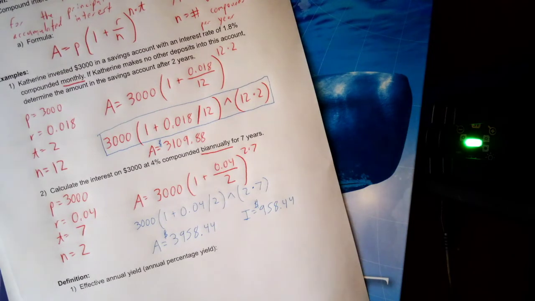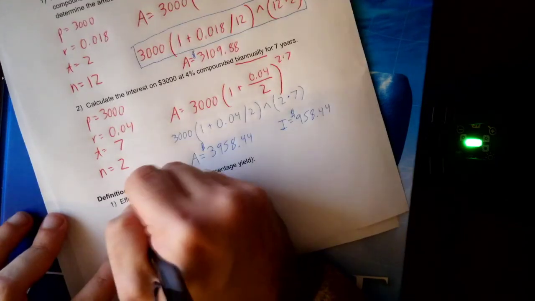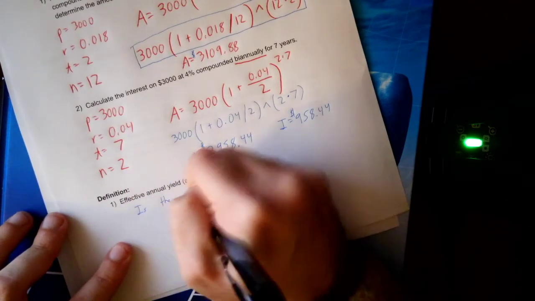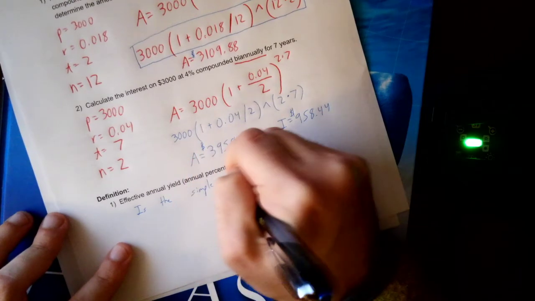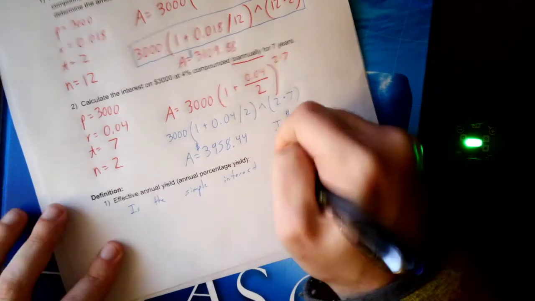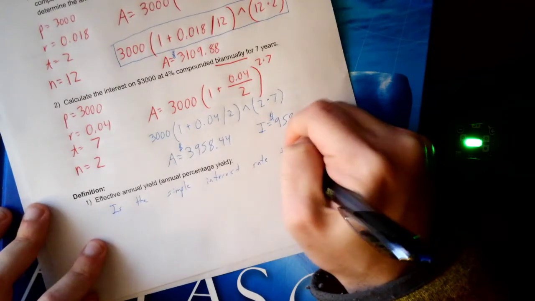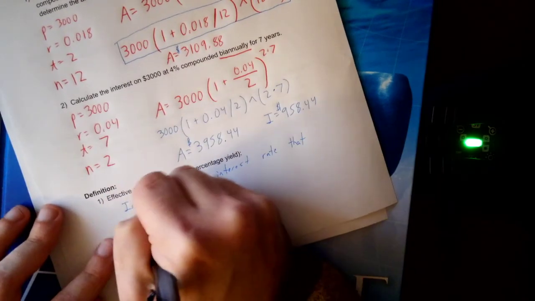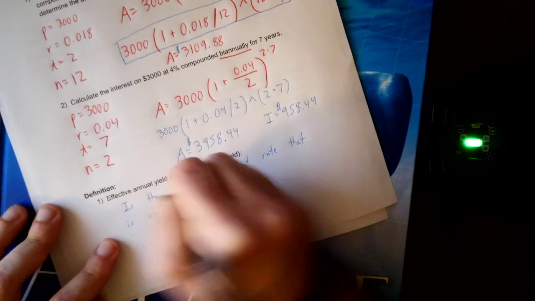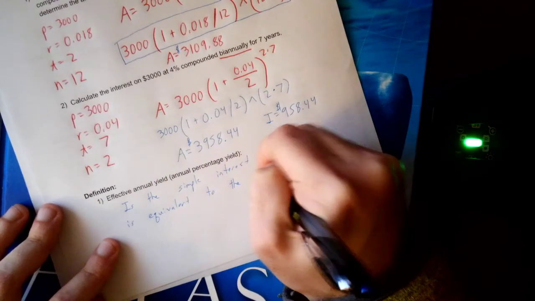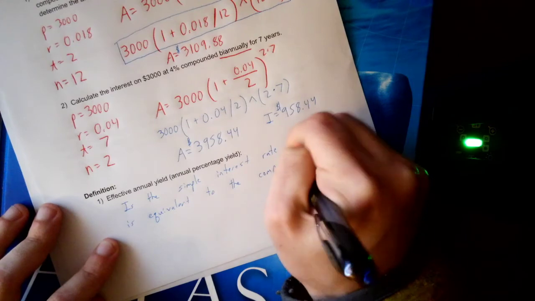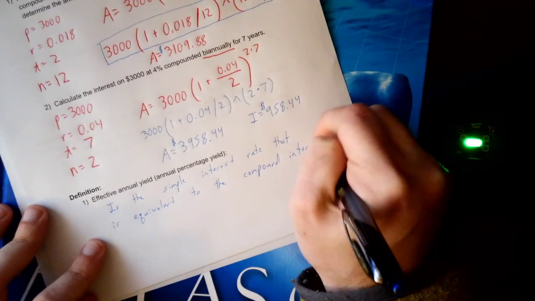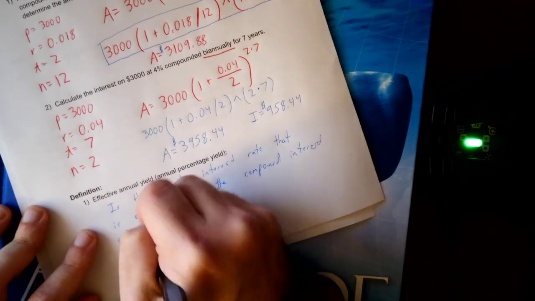Now, we can also calculate what's called an effective annual yield. That is the simple interest rate. So the effective annual yield is the simple interest rate that is equivalent to the compound interest rate over the same time period.